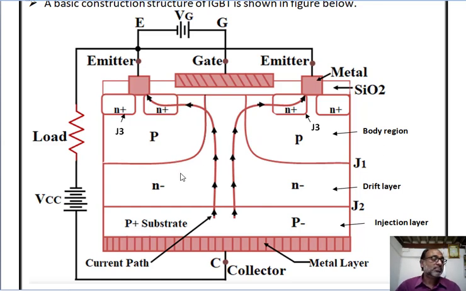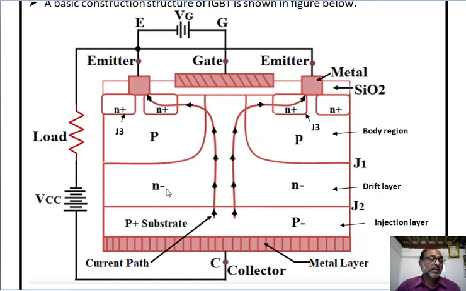The three layers P plus, N minus, and P form a PNP type transistor, in which the P plus works as the emitter terminal, the N minus works as the base terminal, and the P works as the collector. The other three layers, N plus, P and N minus, form an NPN transistor, in which the P works as the base, the N plus works as the emitter terminal, and the N minus works as the collector terminal. So the N minus layer works as the base of the PNP transistor and the collector of the NPN transistor.